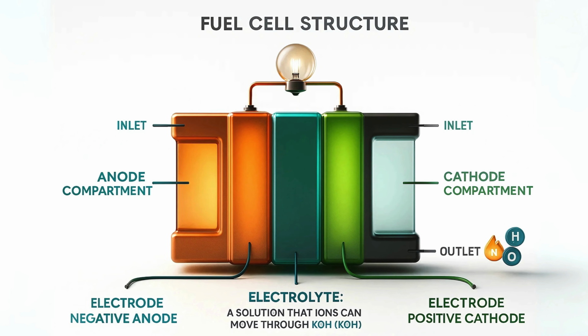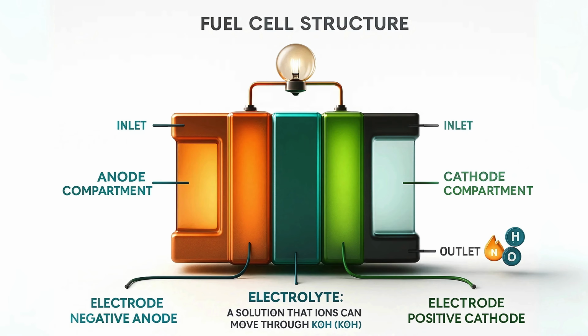At the cathode, oxygen gas enters and reacts with these incoming electrons and hydrogen ions to form water as the product. For this reaction to be balanced, each molecule of oxygen needs two sets of hydrogen ions and electrons, so the overall chemical change at the cathode involves one oxygen molecule reacting with four hydrogen ions and four electrons to produce two molecules of water.